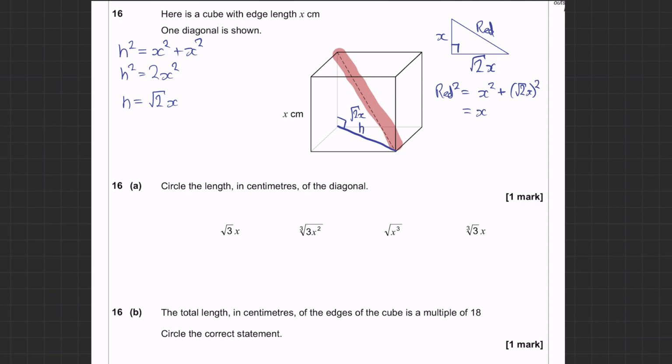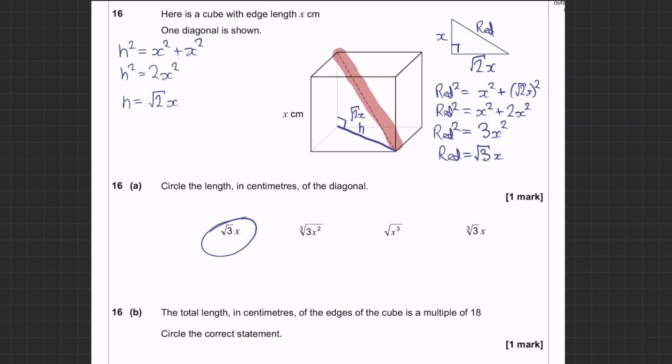So that equals x squared plus 2x squared, because squaring the root 2 gets it out of the brackets again. So red squared equals that. Square root both sides, so you'll have the red side. Oh, before that, what we want to do is simplify it. So we'll have 3 lots of x squared, and then we square root it. So red then equals square root of 3 x squared. And there we are. And we've got the answer here, which is root 3 x.